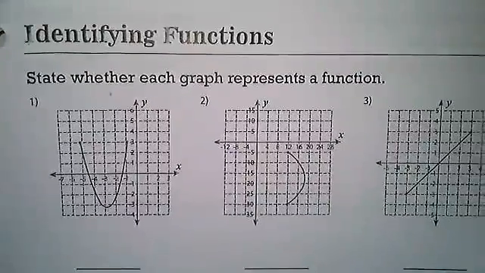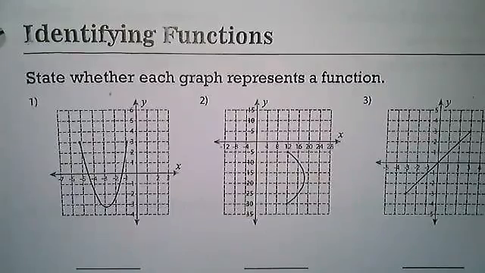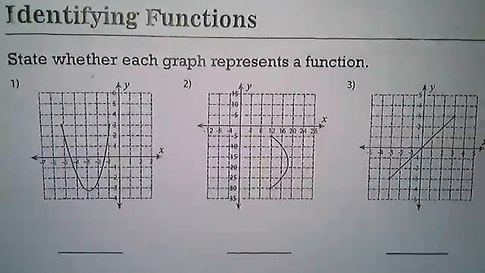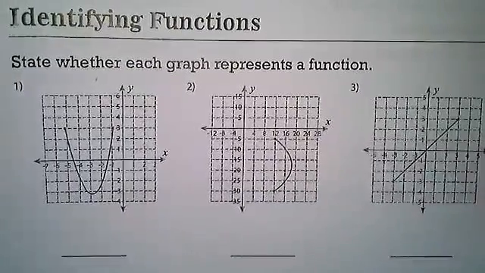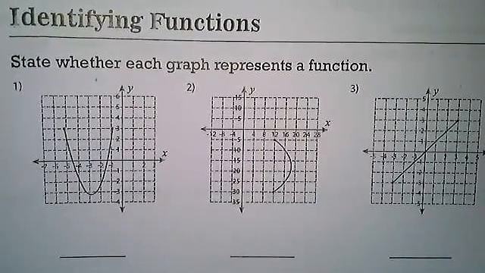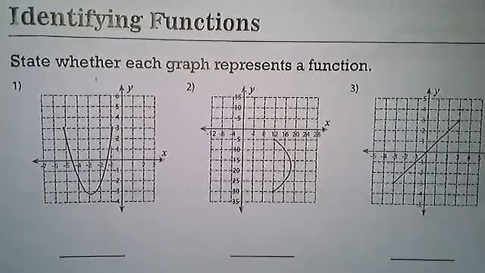There's a few you can practice. There's a whole other page of graphs on the next page in this packet or on your PDFs on the classroom. So just draw those vertical lines and notice if the vertical line passes through the shape more than one time, then it's not a function.